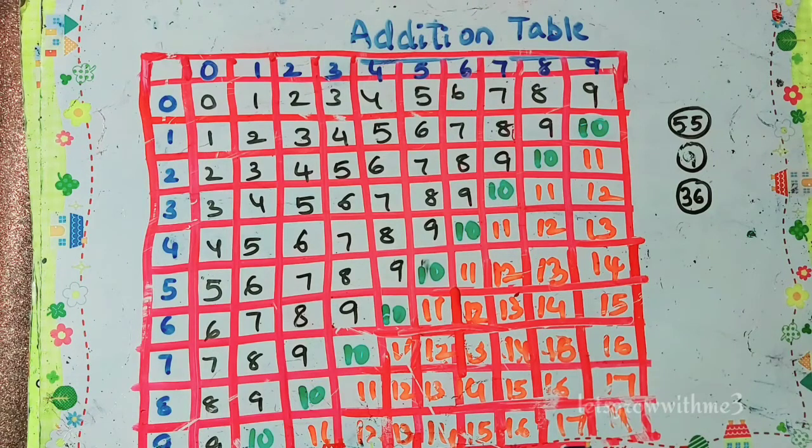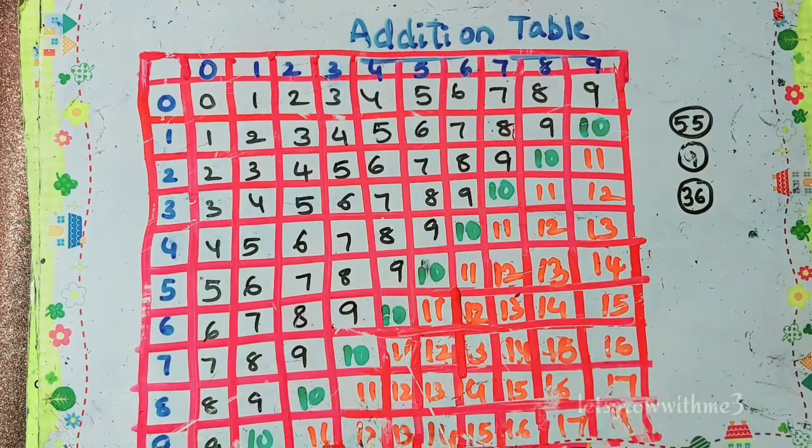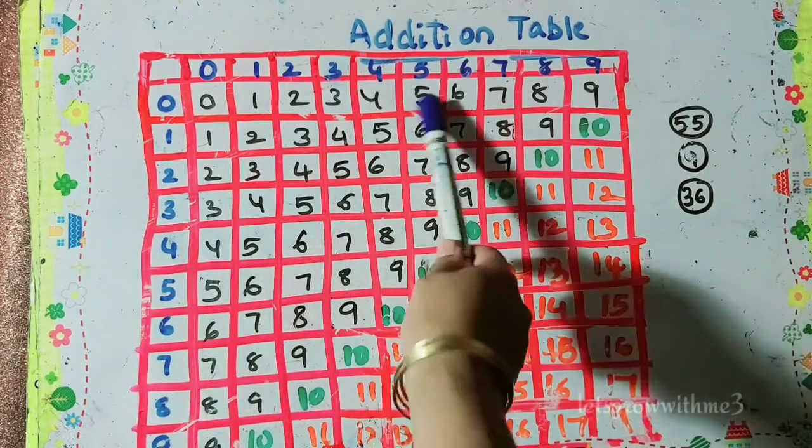The next 9 combinations are those where the value is 10. These are also very easy, like 1 plus 9 is 10, 2 plus 8 is 10, and 3 plus 7, the big friend combinations. These 9 combinations are also very easy to remember. We will see examples for each category.